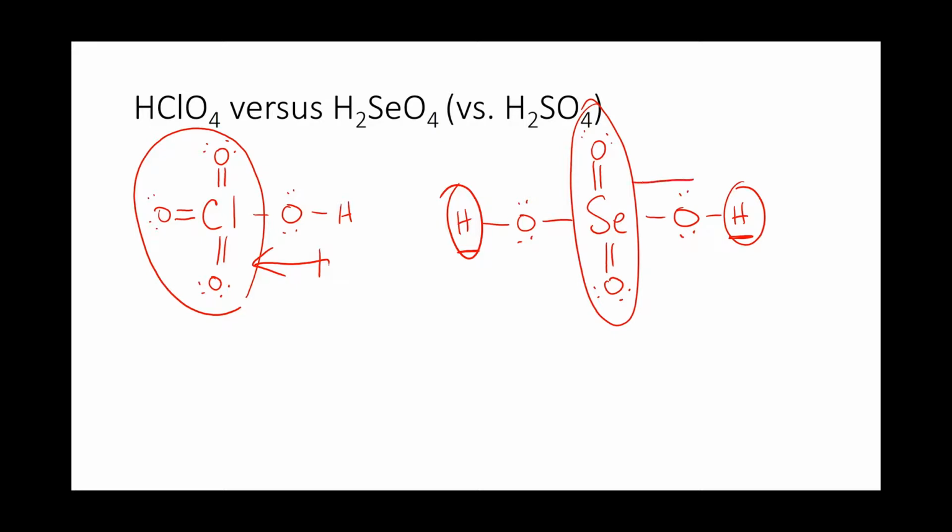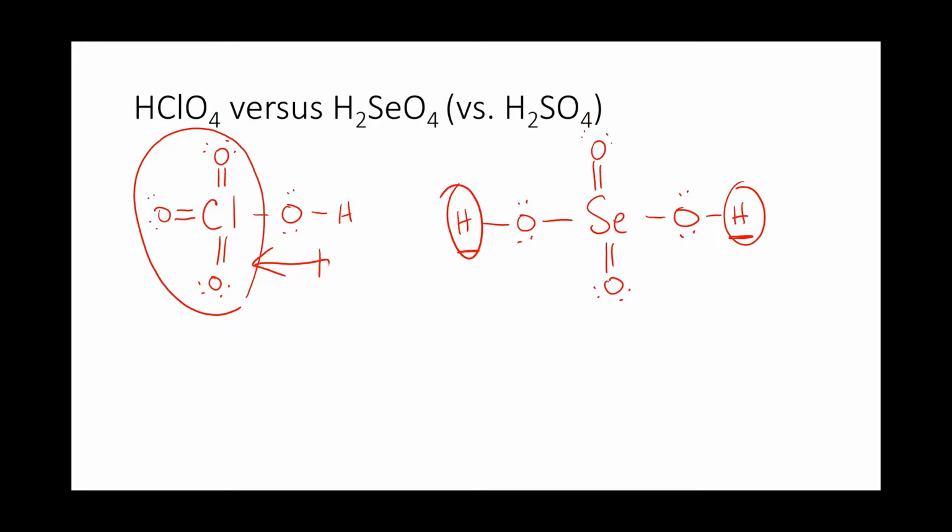Electron density is being pulled this direction, but there's only two of them helping with that additional pull, if you will. And so it's not quite as effective as when you have three of those oxygen atoms.